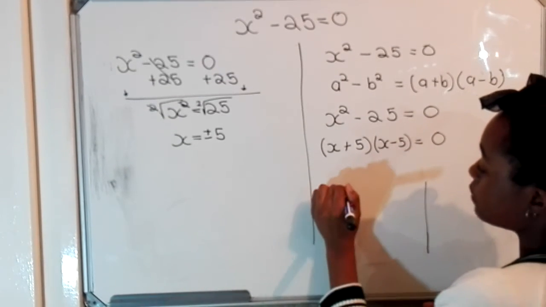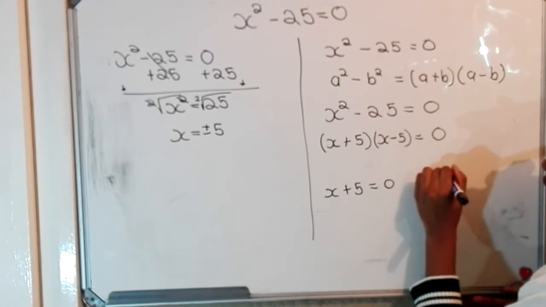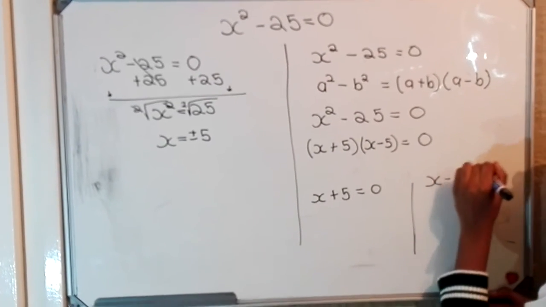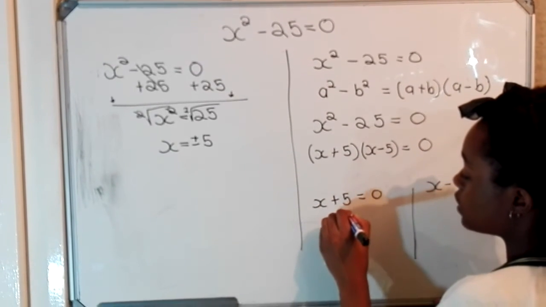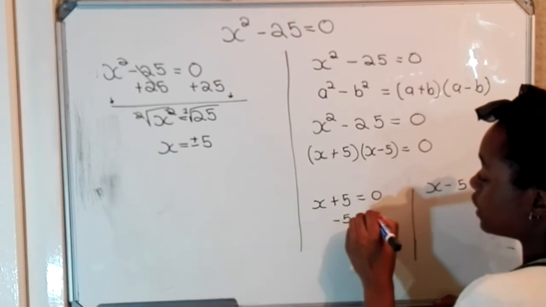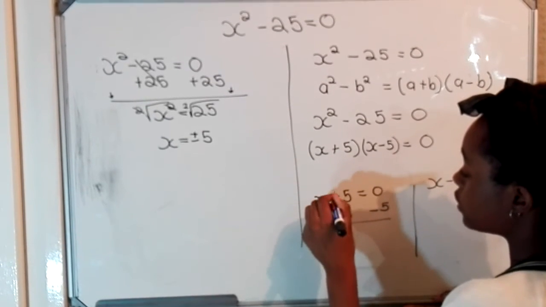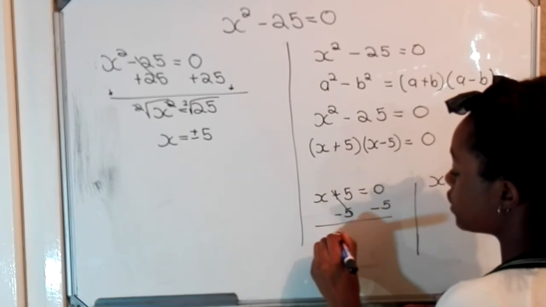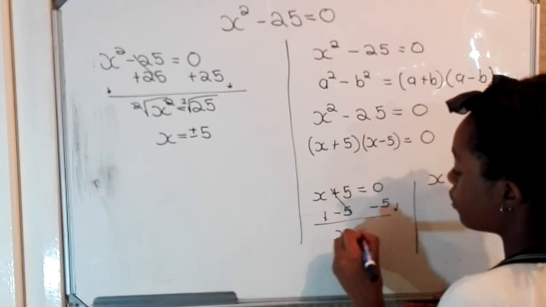So we're going to have x plus 5 on this side is equal to 0, and x minus 5 on this side is equal to 0. Now we can solve for the value of x. So the opposite of plus is minus 5. And whatever I do on this side, I do on this side as well. So I minus 5 on here. And this will cancel. I'll be left with x. I'll bring this down and I'll bring this down. I'll be left with x is equal to negative 5.